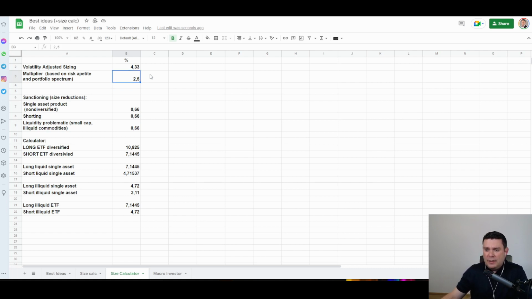And then the next step. What we are showing here is the maximum size, right? So let's say SPY was 5.4. For a casual investor, the maximum short position in SPY is about 9%.